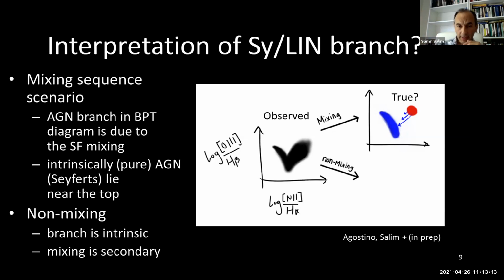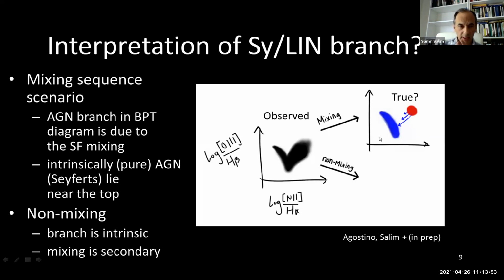The leading idea that has been around for the last 20 years is that this contamination is very important, in the sense that the AGN branch, to some extent continuous, rising from the lower part of the star forming branch and shooting up, is primarily the result of different amounts of mixing between what would be true AGN lines, specifically for Seyferts, and more and more star formation.